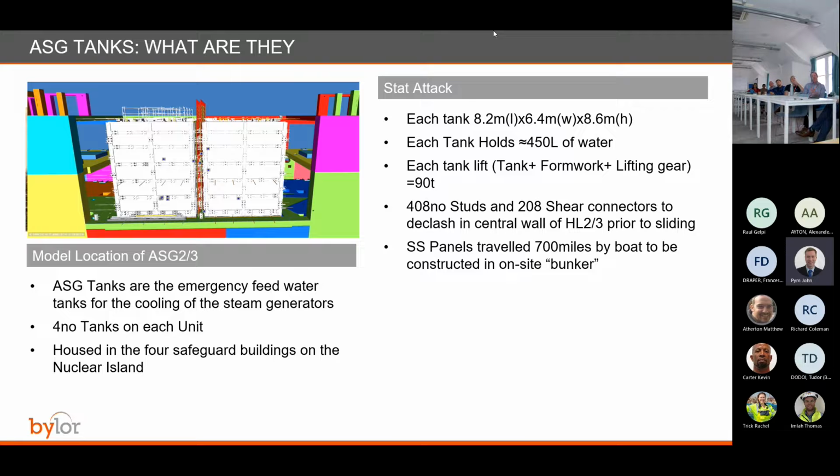It's a 90-ton lift, which is an interesting lift in any other site, not in HPC, which is another lift. 408 member studs and 208 shear connectors, which needed to be declashed in HL2 and 3. And the stainless steel panels travel 700 miles by boat to be constructed on site.